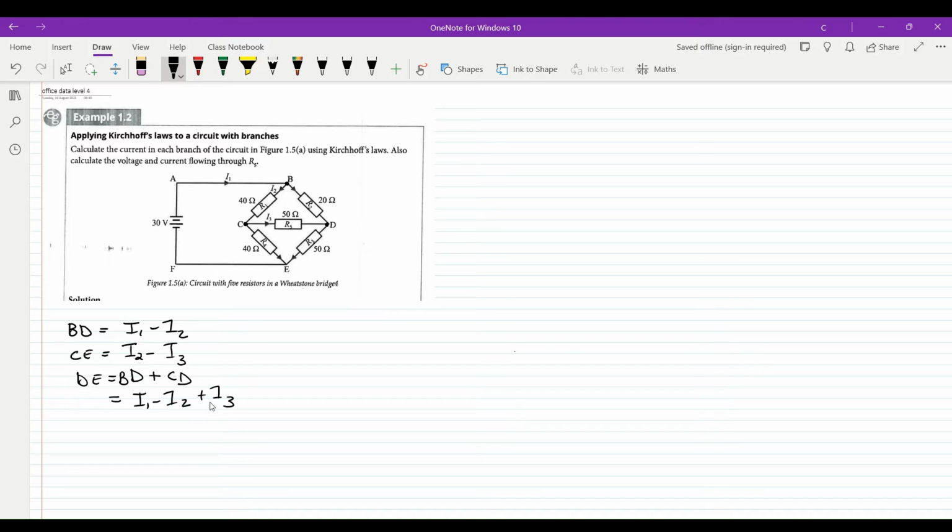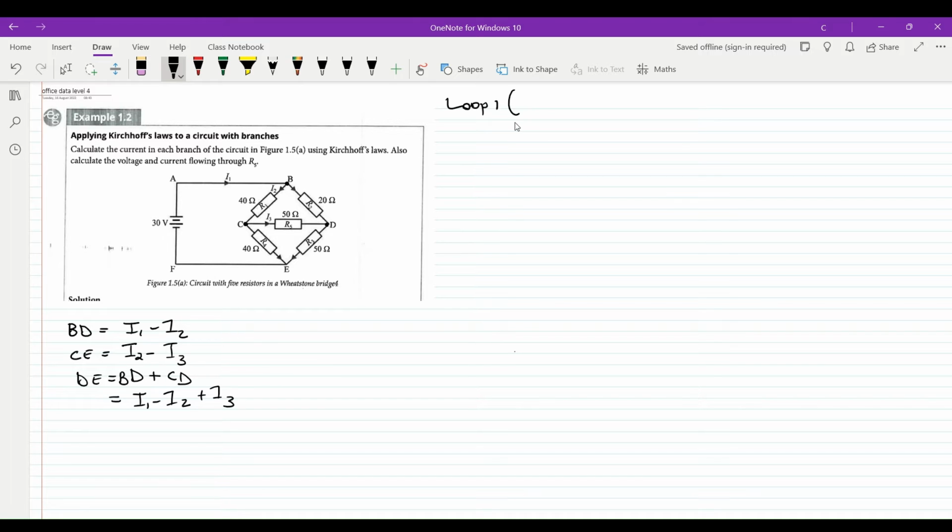So now we can commence with calculating, by making use of Kirchhoff's law, the current that is there in each branch of the circuit. First, we must take loops. So we're going to say loop 1. Take note, students, it doesn't matter how you take your loops in this circuit or in any circuit whatsoever.